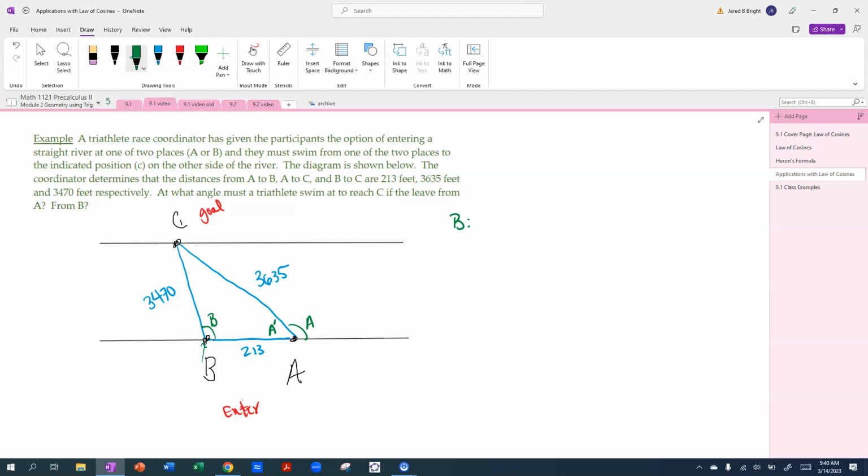If I want to find angle B, I have to use the side opposite.